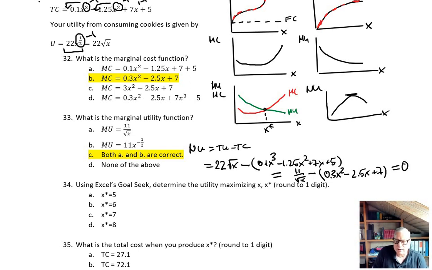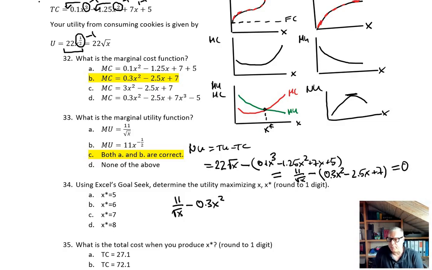Okay, so now we can say again that in order to find the optimum, we need to solve 11 over the square root of x minus 0.3 x squared.